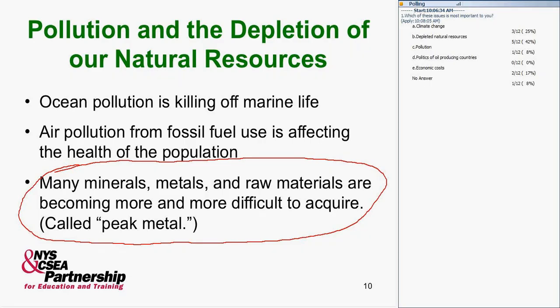Anybody in the construction industry suddenly noticed that the price of copper was going through the roof. There's no copper anymore. It's getting harder to dig it up, so the price is going up. Iron, we still have plenty of it, but it's really difficult to get it out because it's not on the surface anymore. So you have to tear up more and more landscape to find it.